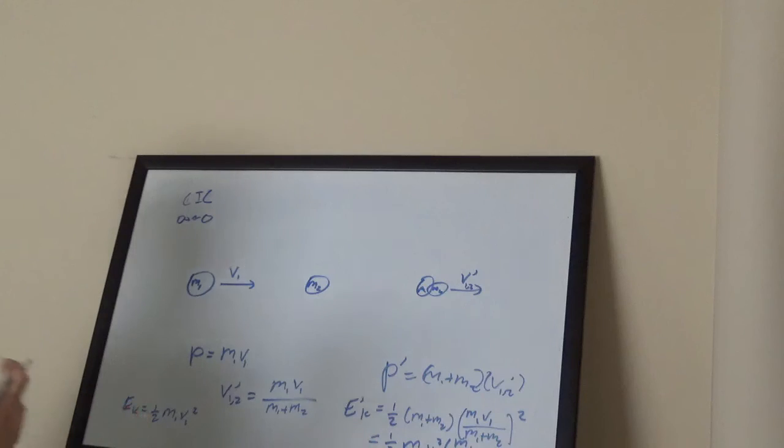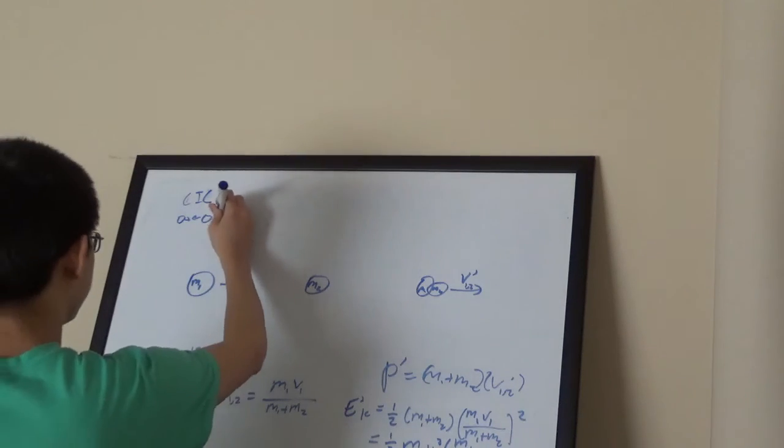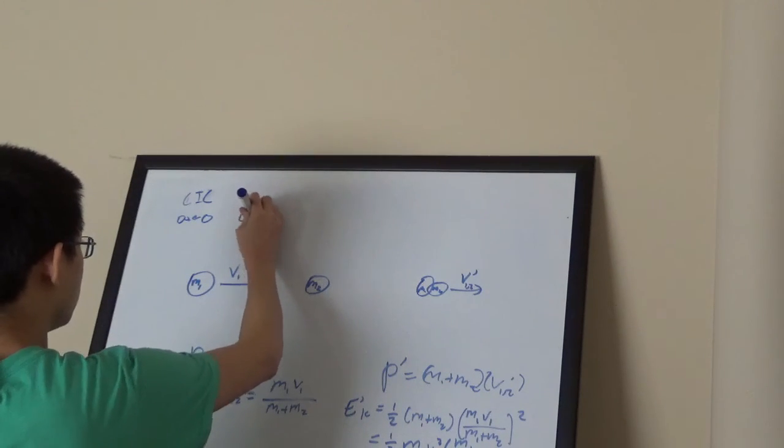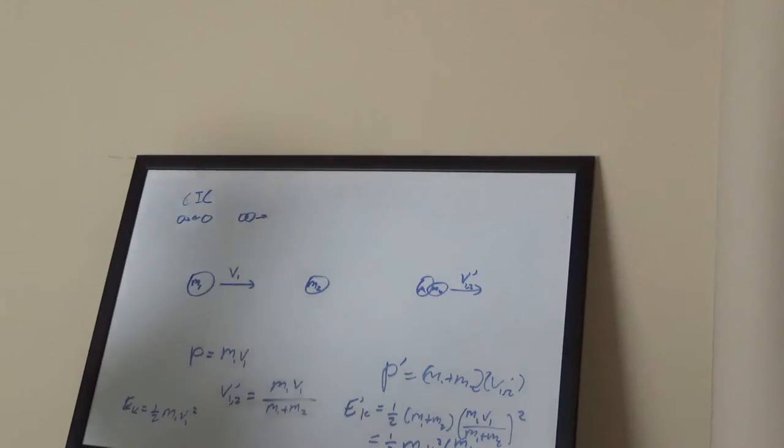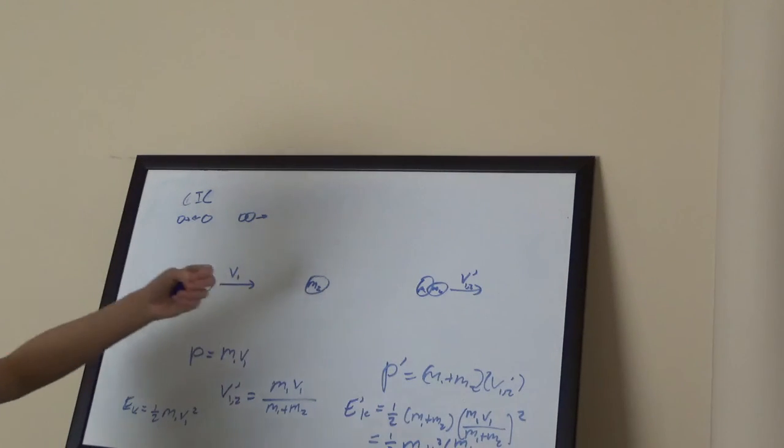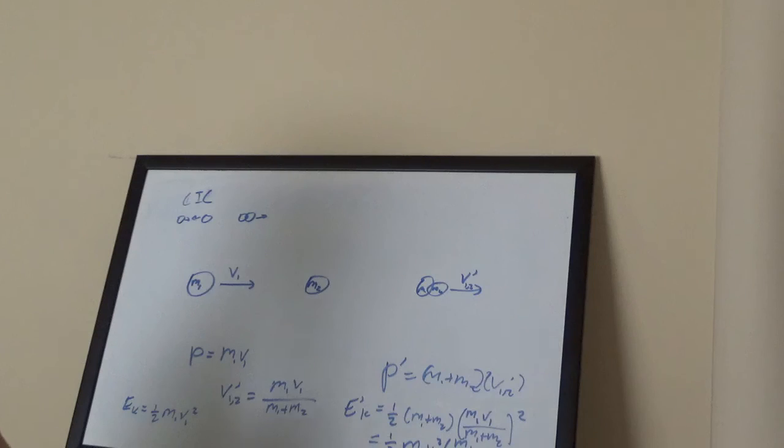They both maybe have an initial momentum, but then in the final state, they turn into one object that moves at some velocity, right? So multiple objects stick together. And we found that we lose energy in this case. But in fact, for any completely inelastic collision, we're going to lose energy.